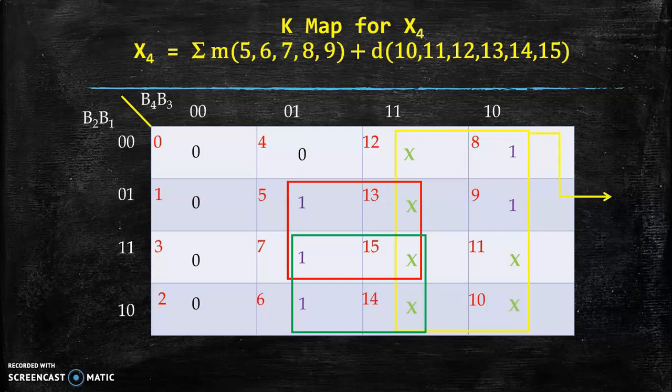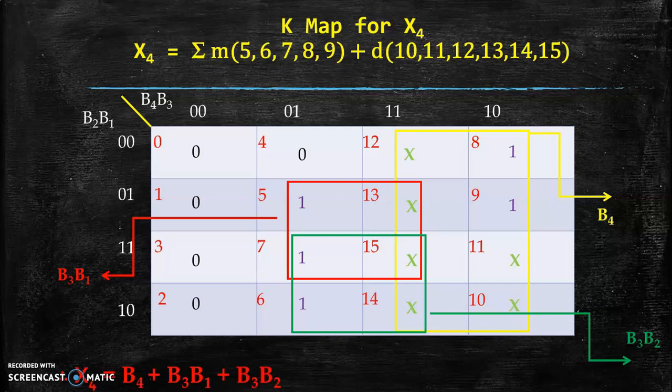For the octet, it is B4. For the first quad, it is B3.B1, and for the second quad, it is B3.B2. So the Boolean function for x4 is B4 plus B3.B1 plus B3.B2.